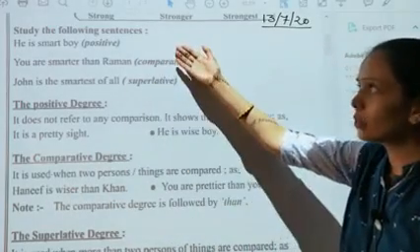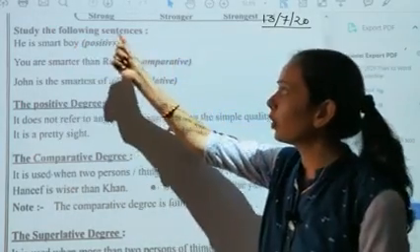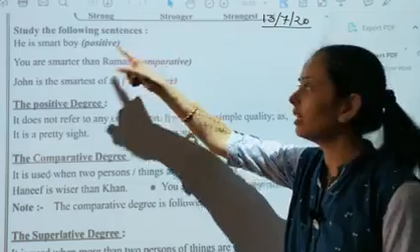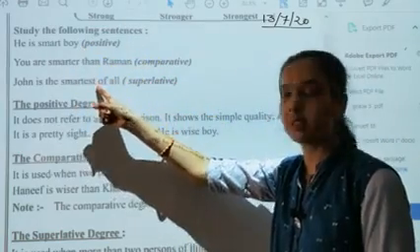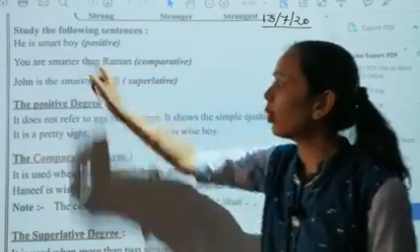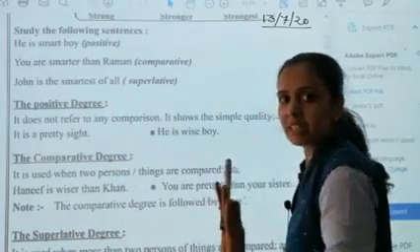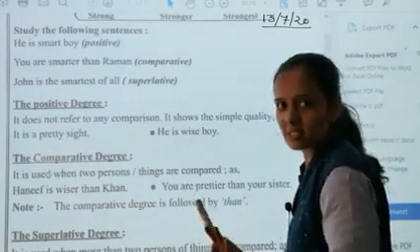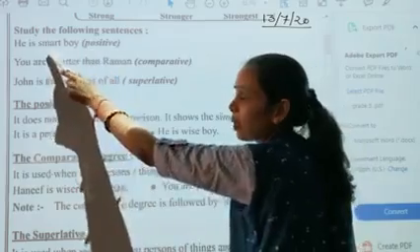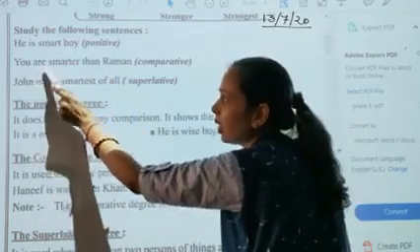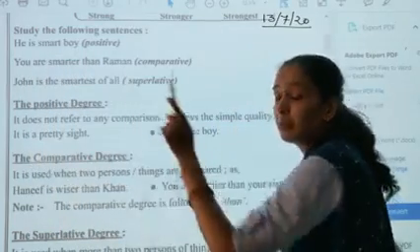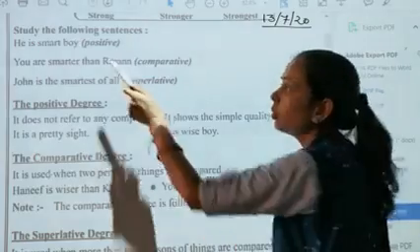Now, next, if you see, studying the following sentences. Here 3 sentences have been written. He is a smart boy. Means here if you can see the word smart, neither ER nor EST is used. That time it is a positive sentence. You are smarter than Raman. Means you are compared to Raman.